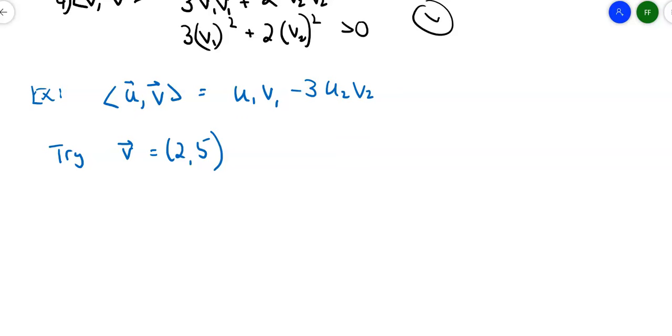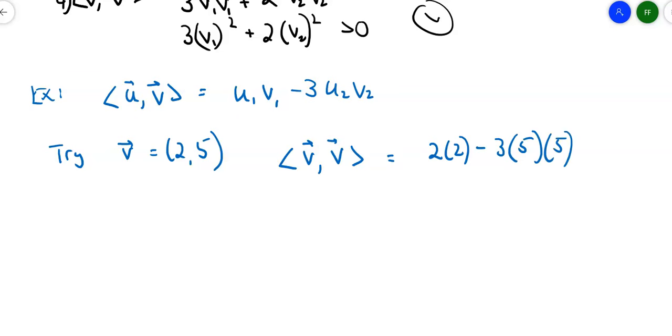So if I try the inner product of the vector with itself, right, that'll give me 2 times 2, first component times first component, minus 3 times second component times second component. Well, this gives me 4 minus 75, negative 71. No, the inner product of the vector with itself is not greater than 0, which means that it's not an inner product space.